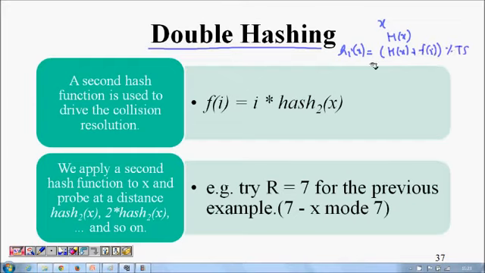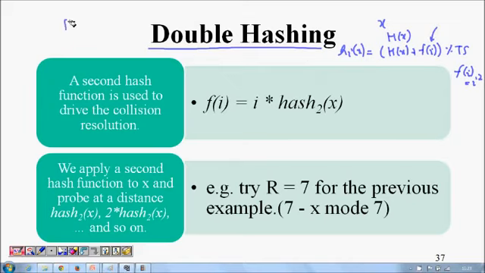The type of function f(i) decides the strategy. If f(i) is equal to i, it was linear probing. If it was i squared, it was quadratic probing. And now we are having double hashing.